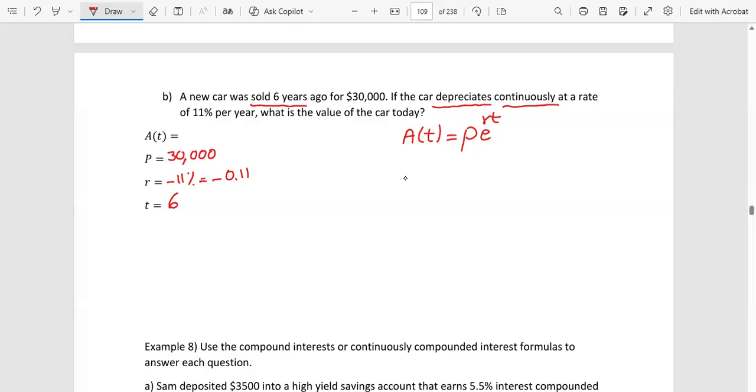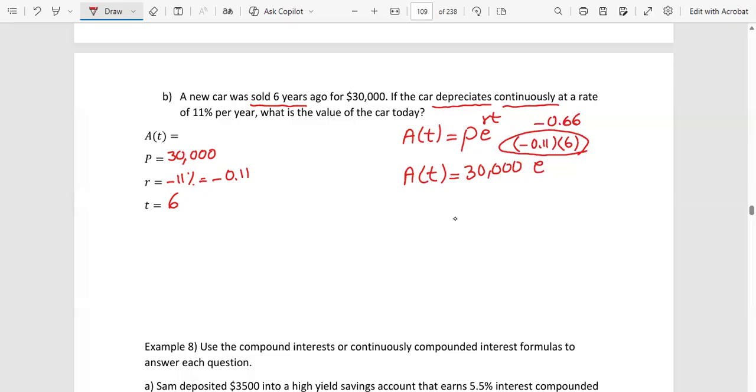Okay, so let's find the A. We know P is 30,000. E to the power of negative 0.11, that's R, times T. First multiply these two, negative 0.66. And then use the calculator again to find E to the negative 0.66, multiplied by 30,000.